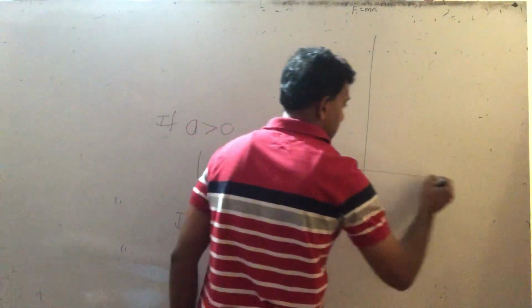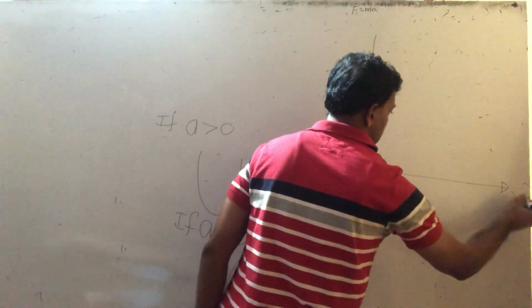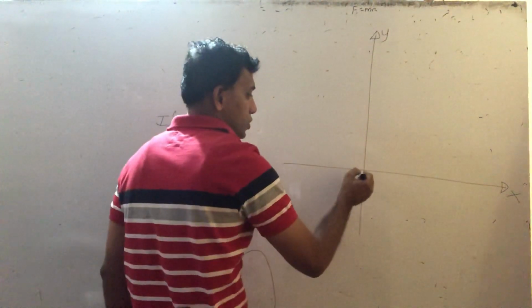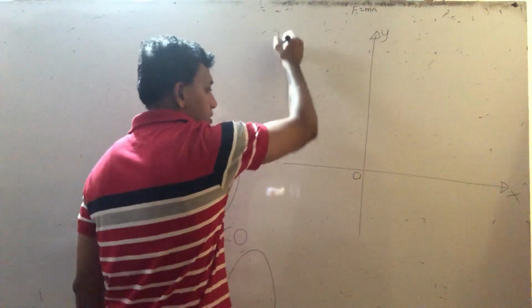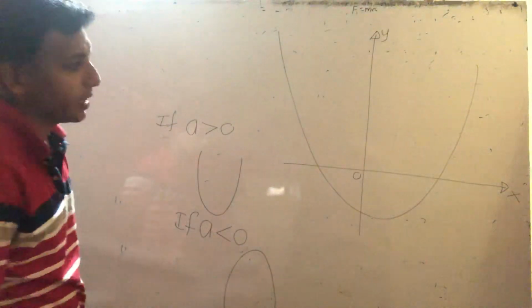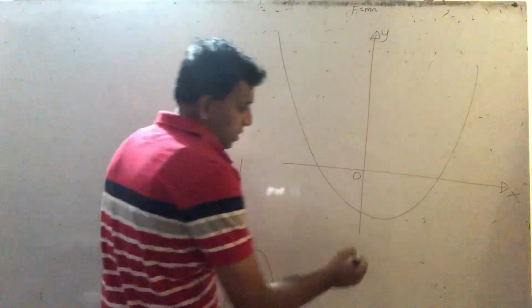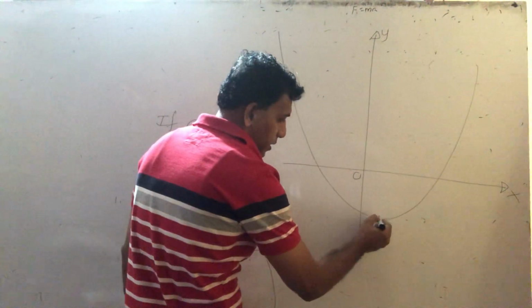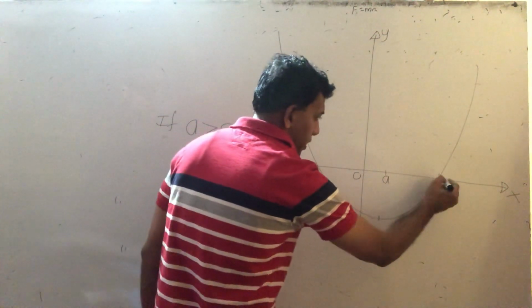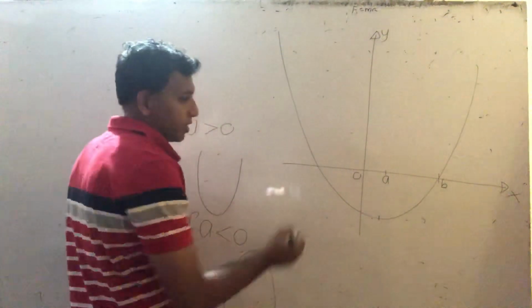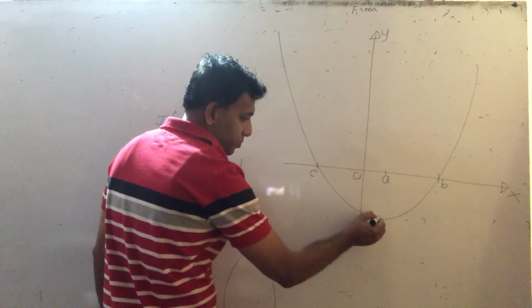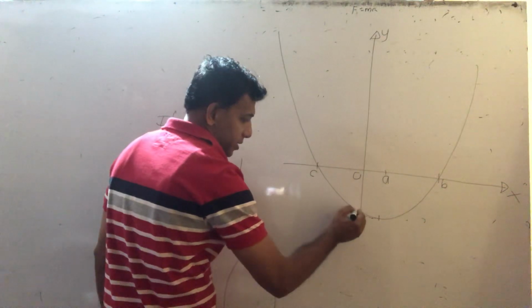Draw this diagram: x-axis, y-axis, the origin, and the graph like this. And here I say A, here I mark B, here mark C, and here this last point, say D.